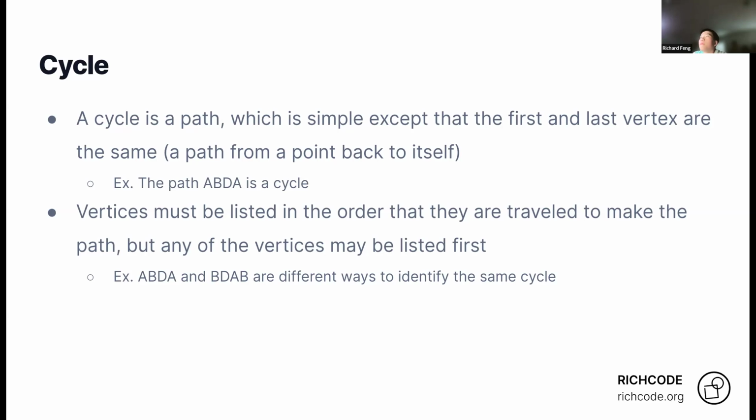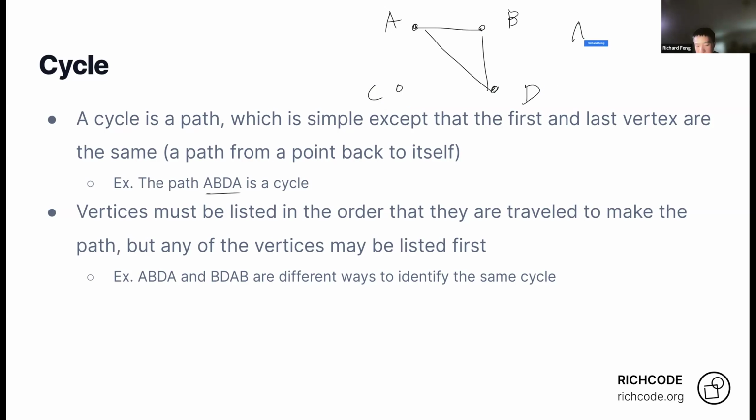Yeah, so for example, we're talking about cycles. ABDA is a cycle because we start from A and then we go back to A. The vertices can be listed in the order they are traveled, but actually any of the vertices can be listed first. So for example, we are talking about this cycle right here.